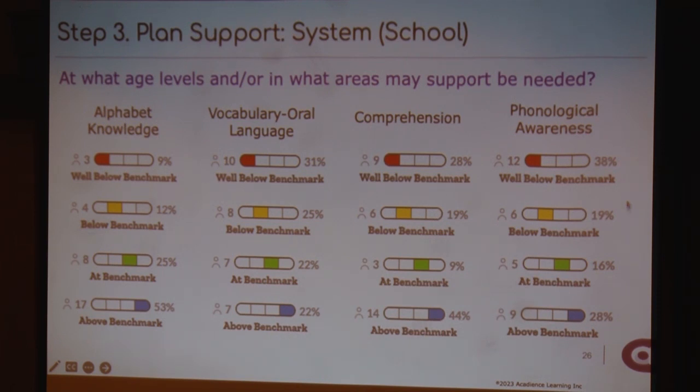And I guess you can look across both red and yellow. Yeah, it looks like phonological awareness, vocabulary, oral language, comprehension pretty high.